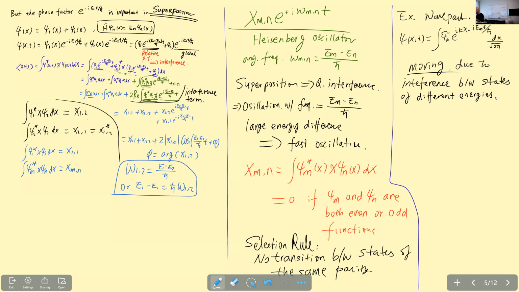I can see that the group velocity is given by partial E_k over partial k, times 1 over h bar.